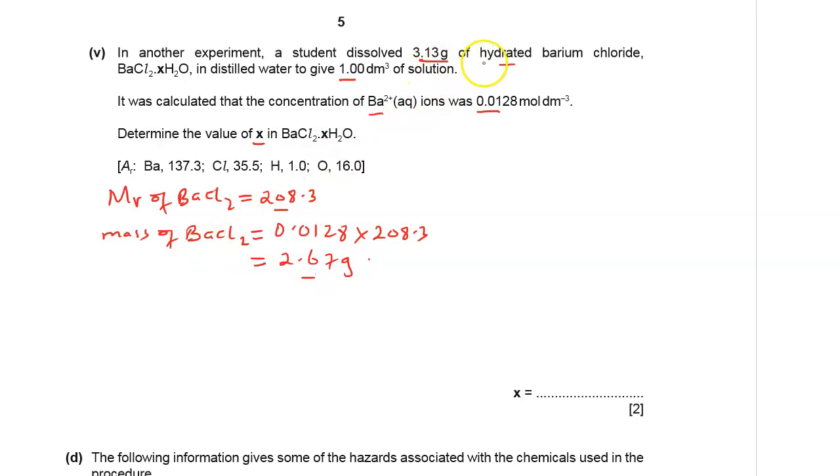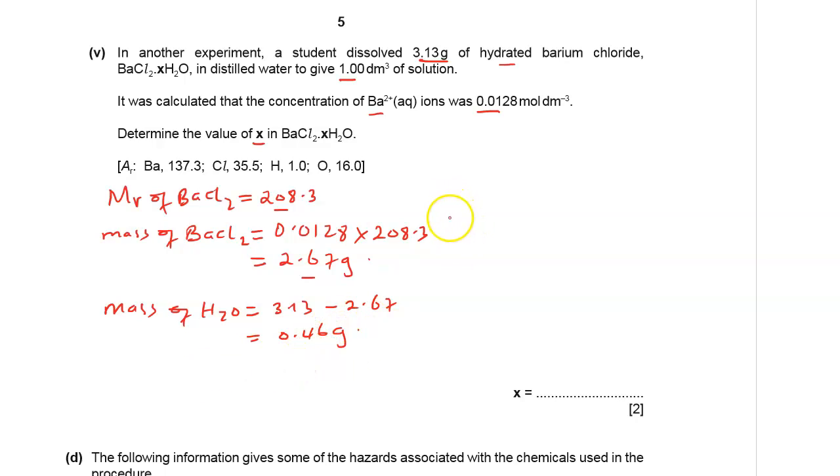What therefore is the mass of water in this 3.13 grams of hydrated barium chloride? So mass of water will be equal to 3.13 take away 2.67. This will give us 0.46 grams.